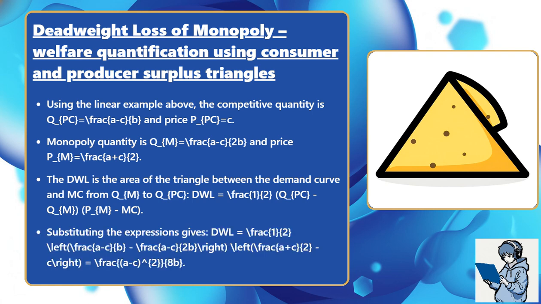Substituting the expressions gives DWL = 1/2 × [(a - C)/B - (a - C)/(2B)] × [(a + C)/2 - C] = (a - C)²/(8B).